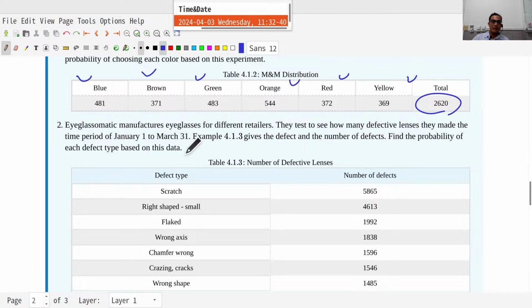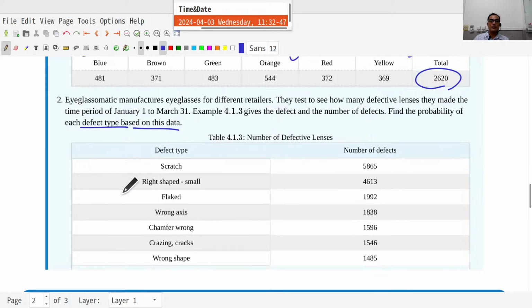Find the probability of each defect type based on this data. There are different defects: scratch, right-shaped small, flat, wrong axis, chamfer wrong, crazy cracks, big cracks, and wrong shape. Here is the defect number.